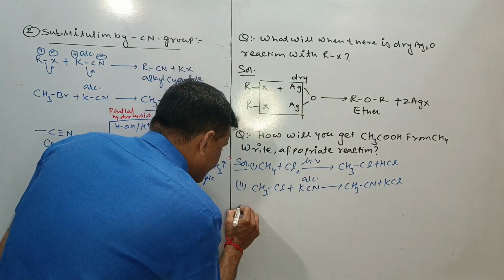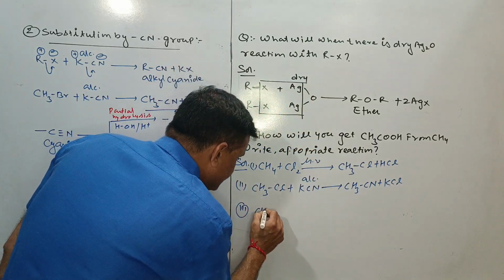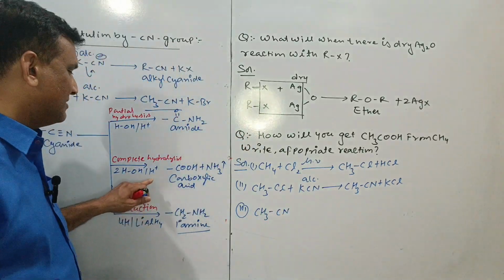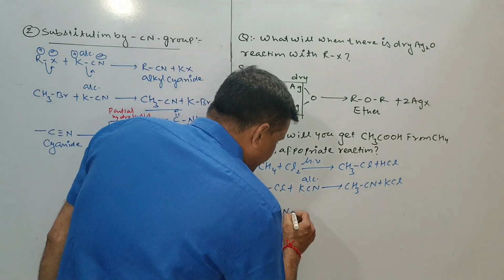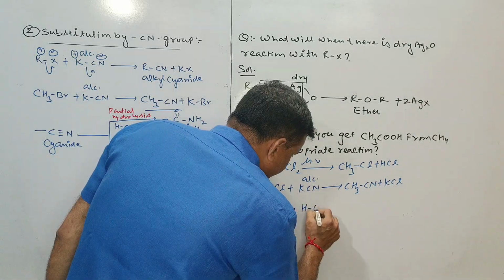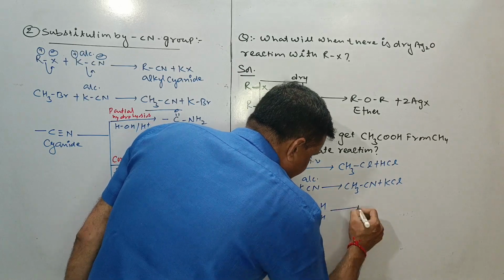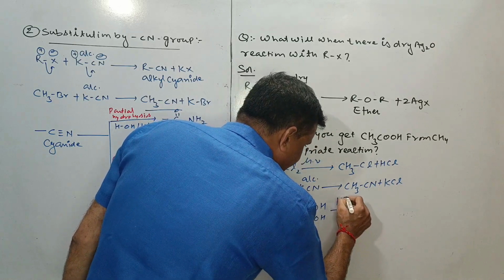Now the third step is very important, CH3CN, because we know that CN can change into a carboxylic group by complete hydrolysis. So here two water molecules will be used. How NH3 is formed, I am going to explain. Here N removes the 3 hydrogens, so NH3 is released.